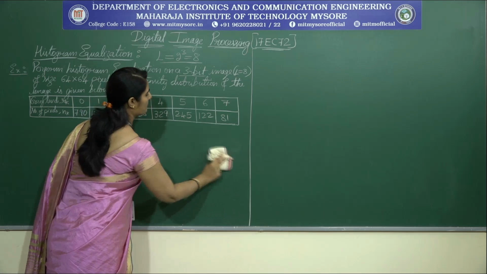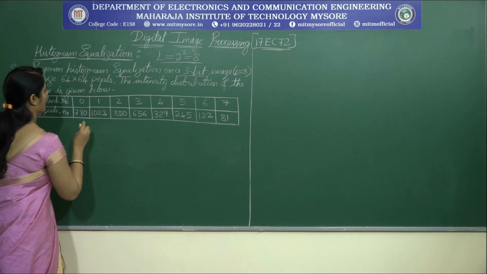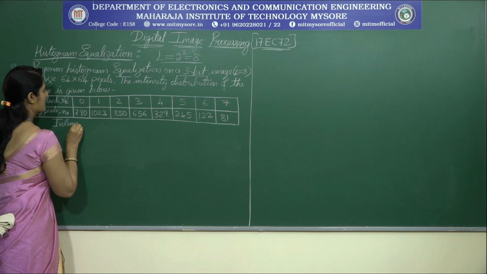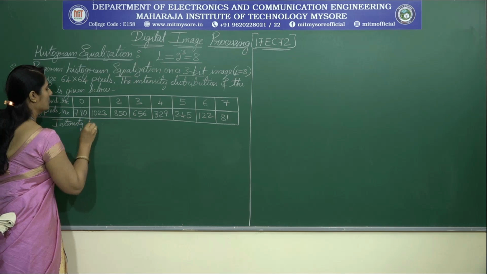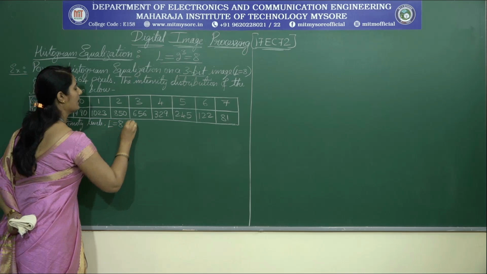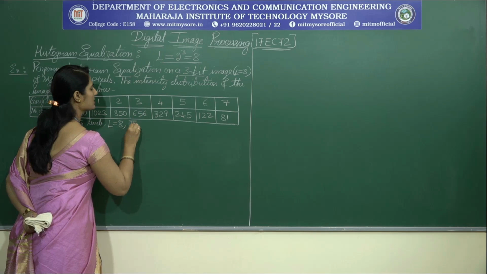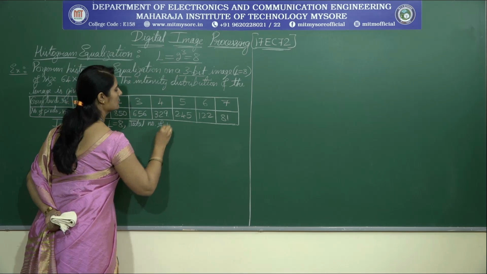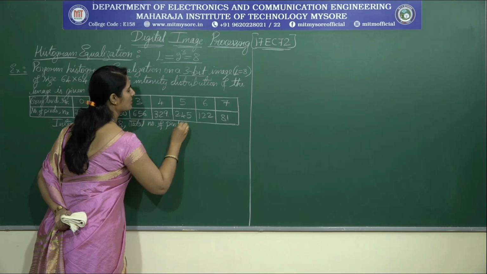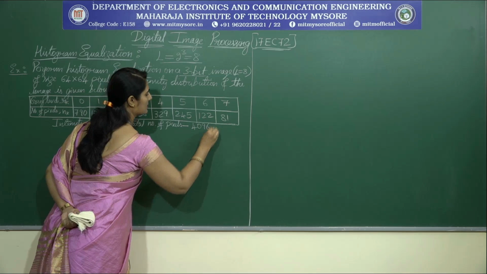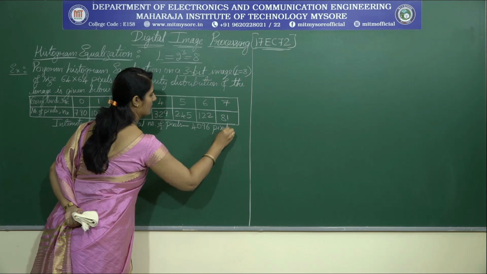Let me write here: the total number of intensity levels L is equal to 8 and the total number of pixels for the given image is equal to 4096 pixels.